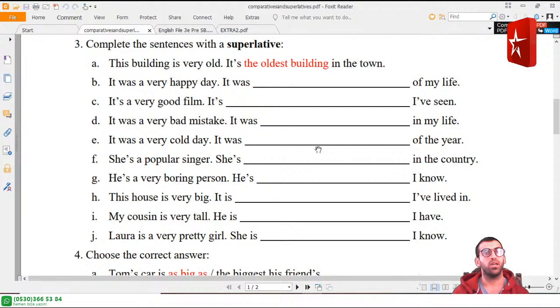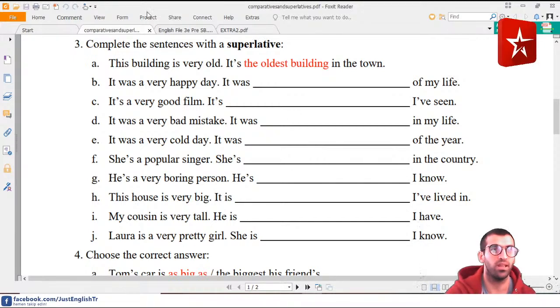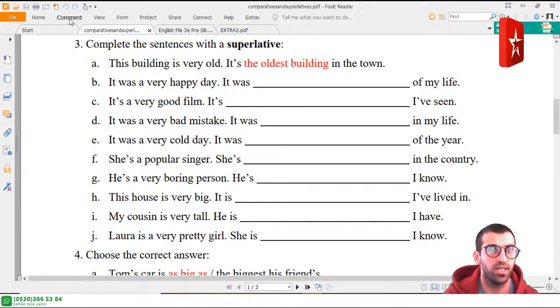Great. So it was a very happy day. It was blah blah blah of my life. So part B. The happiest day. Yes, it was the happiest day of my life.